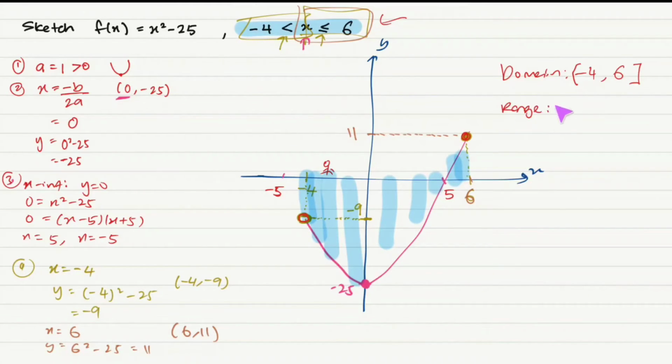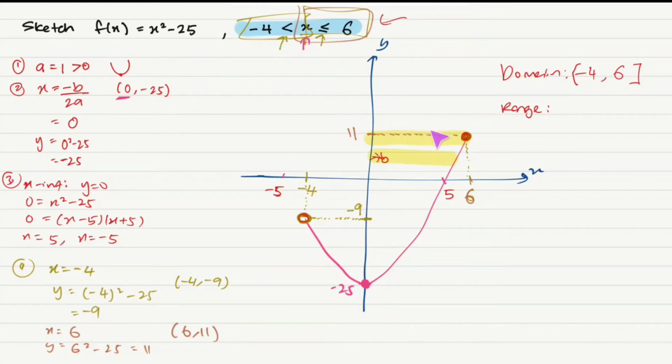Now let's look at the range. To find the range, you have to imagine that you are Superman standing on the y-axis. So you're standing, for example, on the right side of this y-axis, and then using your Superman rays, you look up and you will hit the graph. Until where?